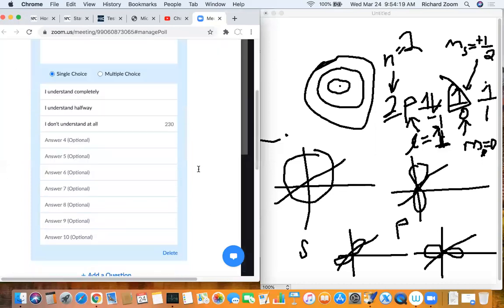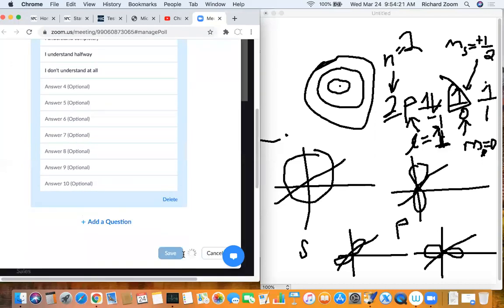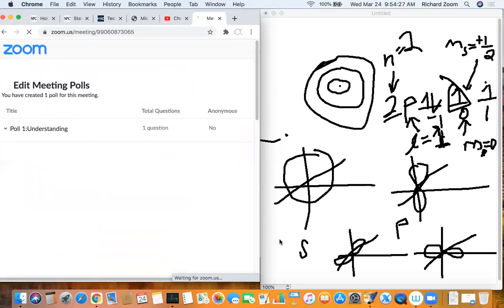Okay, so there's our poll. I'll save that. Okay. So I'm going to launch this poll here. I want to see what your understanding of this is so far. If we're talking about, let's be more clear, we're talking about the L values here.